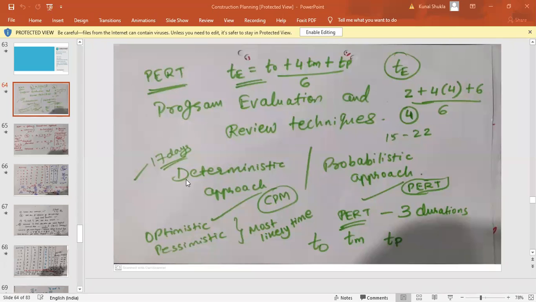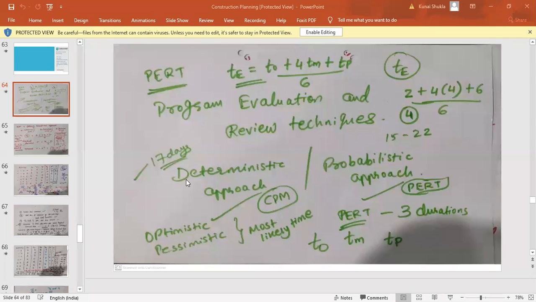So in that case, what might happen? Also, sometimes under severe conditions, you might not be able to predict that it will take exactly 6 days to finish this work. So in that case, we have a time range. Time range as in it will take between 5 days to 15 days to complete this particular work.